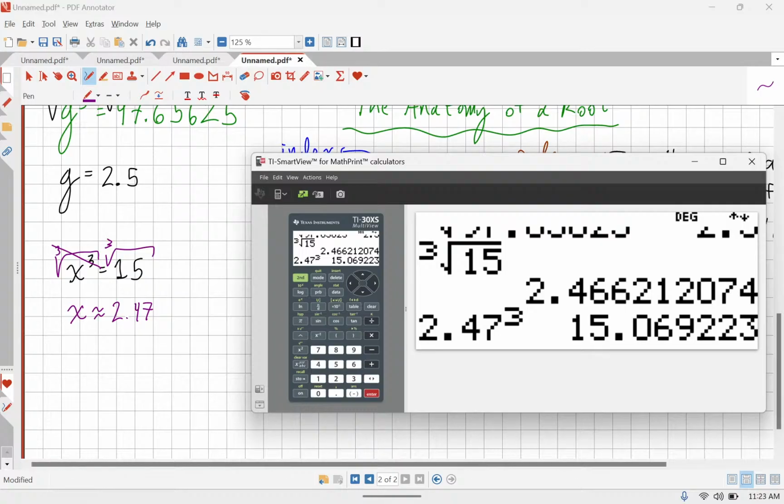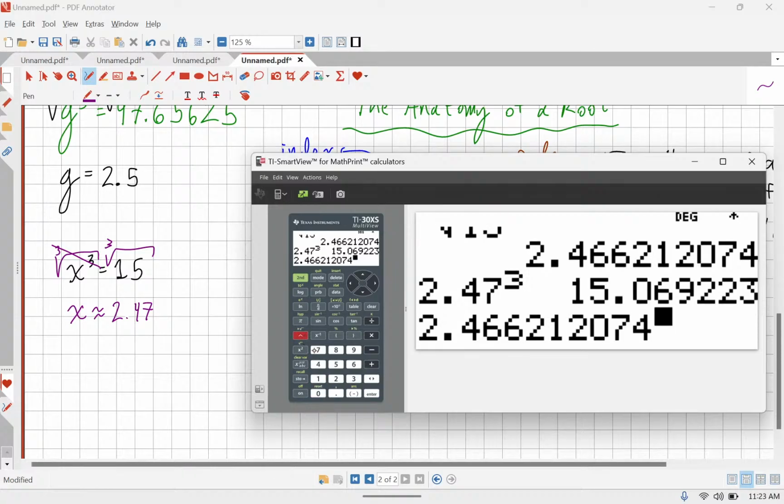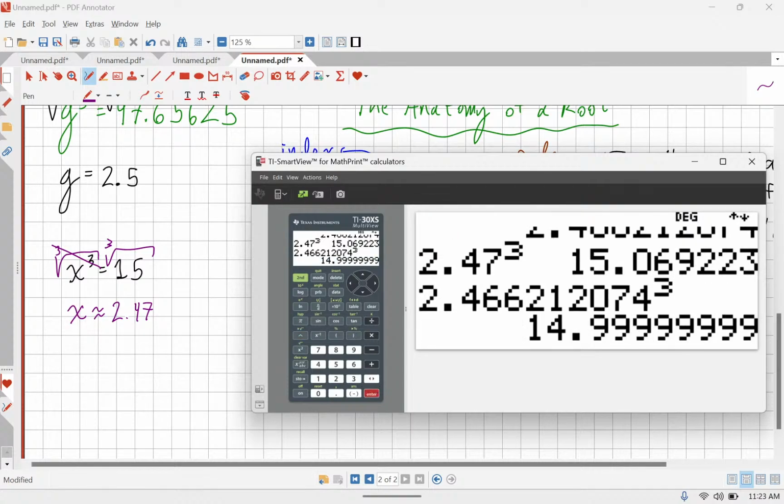However, Lamhe actually figured something out here that deeply alarmed him. He was just being thorough. He said, let's do 2.466212074, and let's raise that to the third power to make sure it's 15. Too low, guess higher. Now, here's the thing.